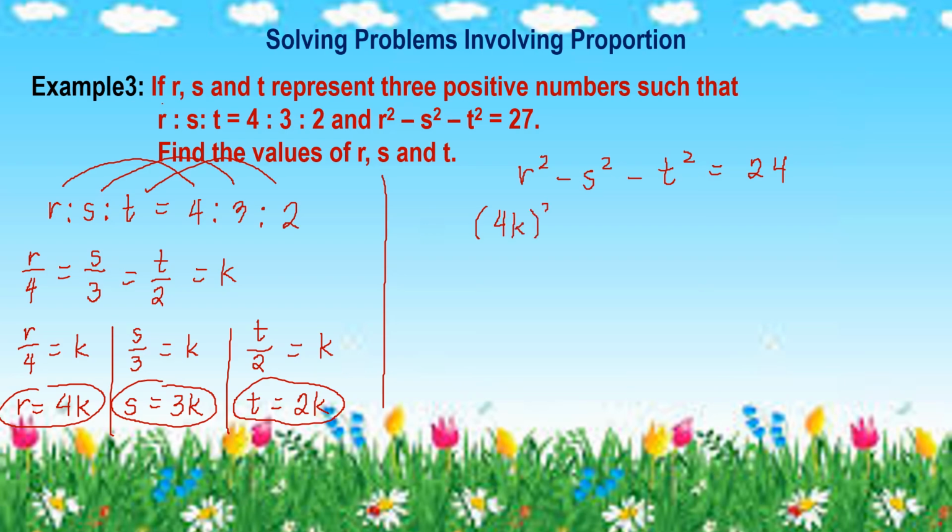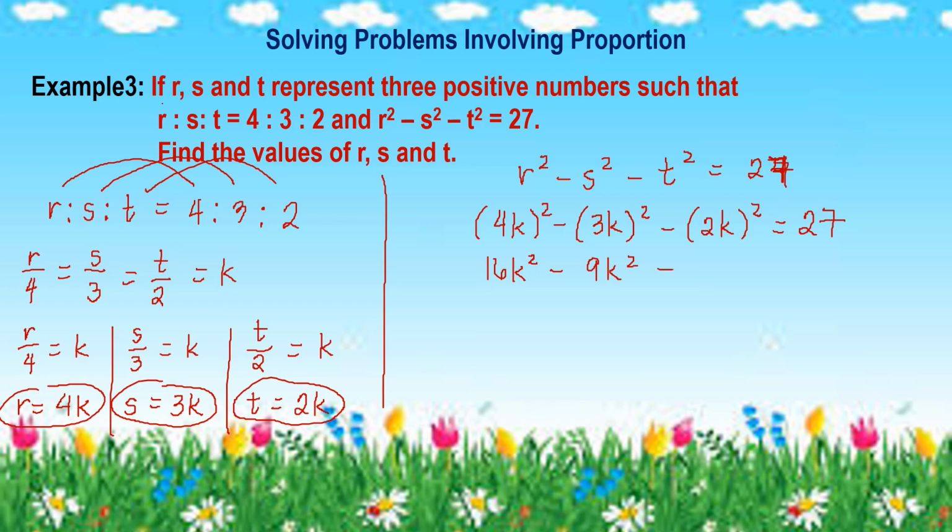Substitute 4K to R. Substitute 3K to S. And substitute 2K to T. Now let us simplify. 4K squared is 16K squared. 3K squared is 9K squared.